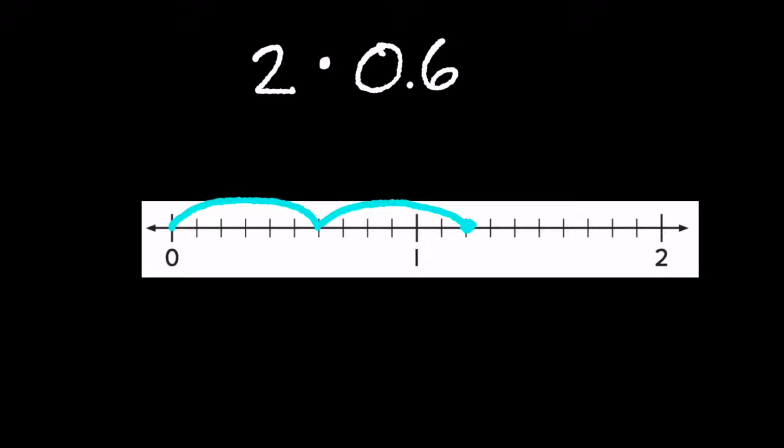Now this is new territory for us. We haven't gone past the whole number yet in any of our examples. So what you hopefully will realize is, oh, this is bigger than one whole. I'm past it. So my answer has to be 1 2/10. Because think about it. We've gone past 1, 2, 3, 4, 5, 6, 7, 8, 9, 10 tenths, which is the same thing as one whole.